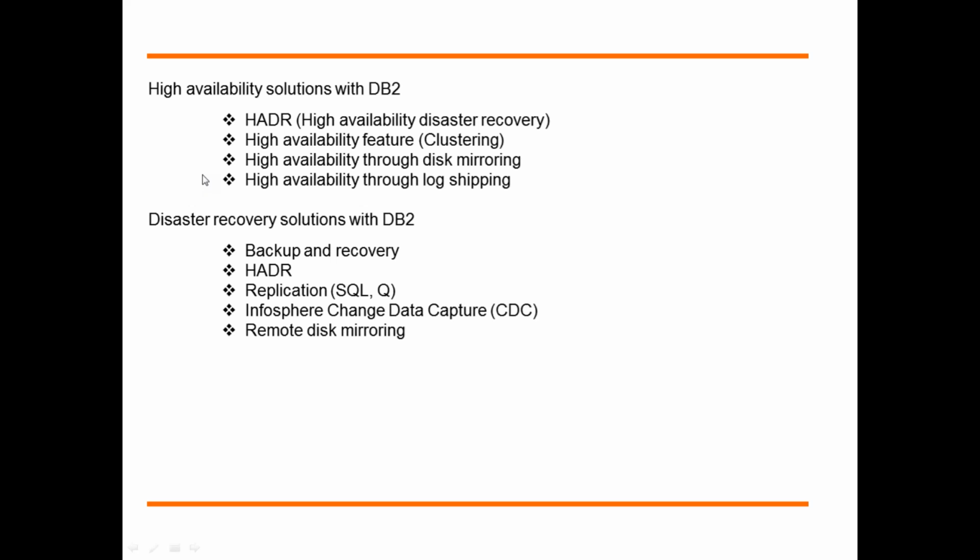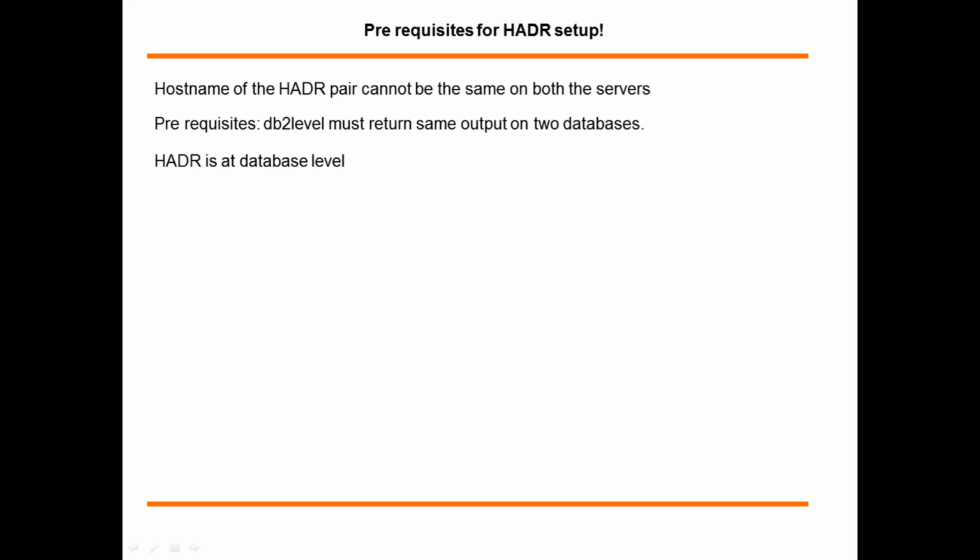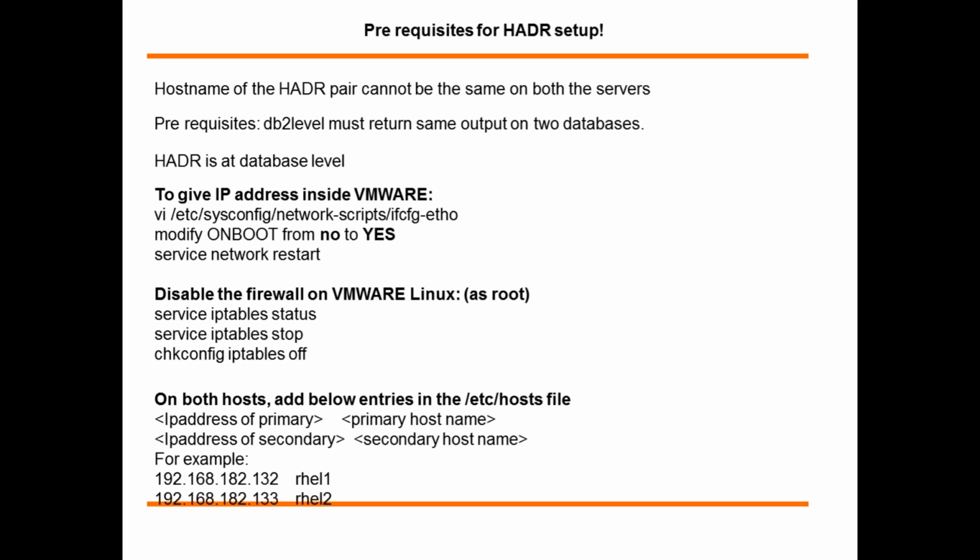InfoSphere Change Data Capture is another replication solution, and there is remote disk mirroring. Now the one that is very popular out of these is HADR. That's what we are going to see through the next slides.